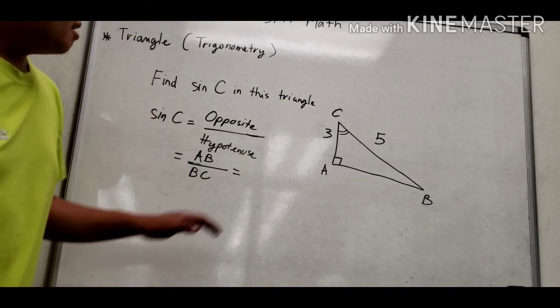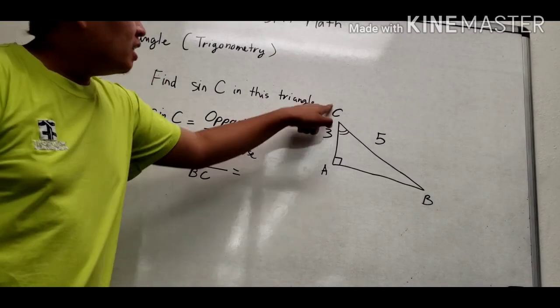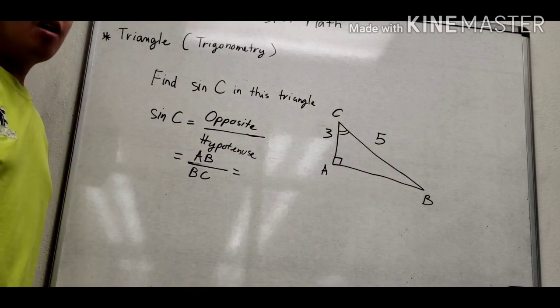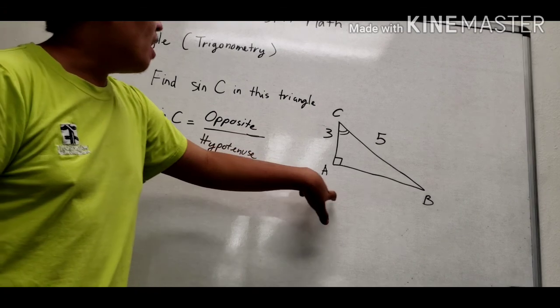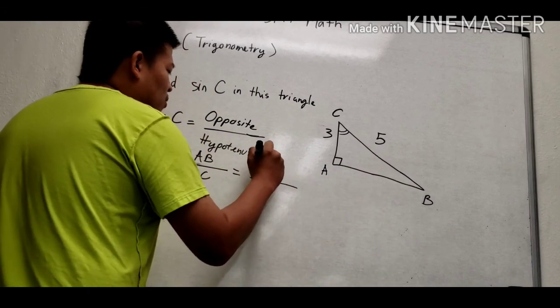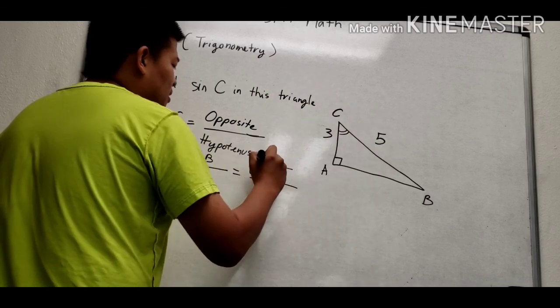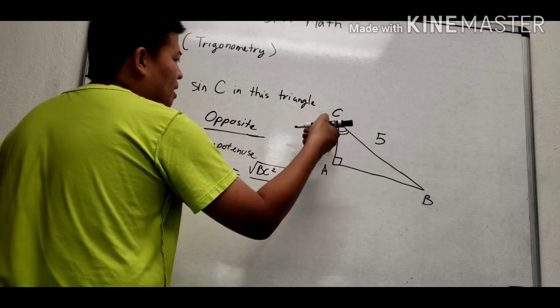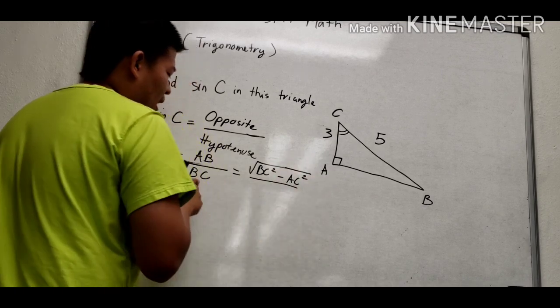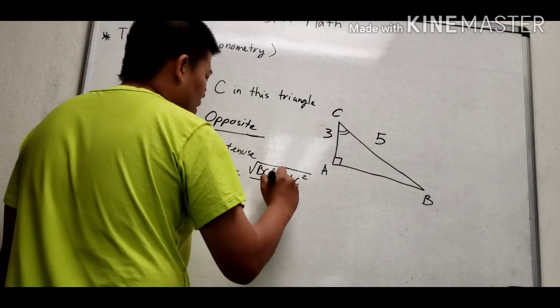We know that. Let's just provide the values of AC and CB. In the right triangle, we use the Pythagorean theorem again. We find the AB in here by the square root of BC power 2 minus AC power 2.